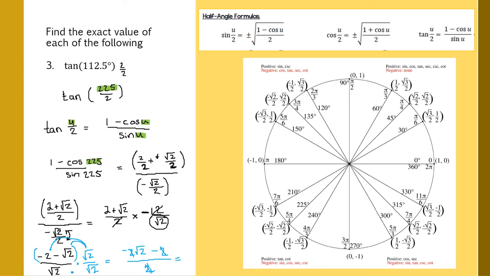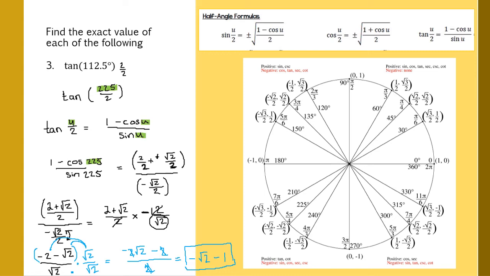Everything there is divisible by 2, so if we divide that out, we are left with the negative square root of 2 minus 1. And that is our final simplified answer. Tangent of 112.5 is equal to negative root 2 minus 1.